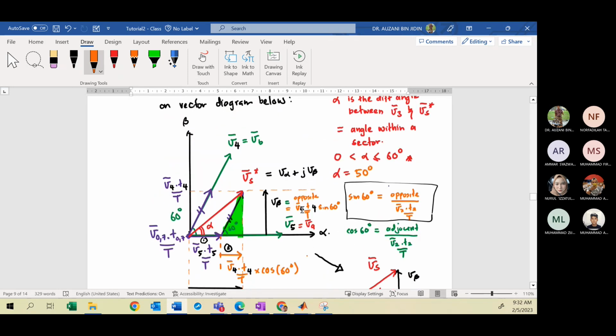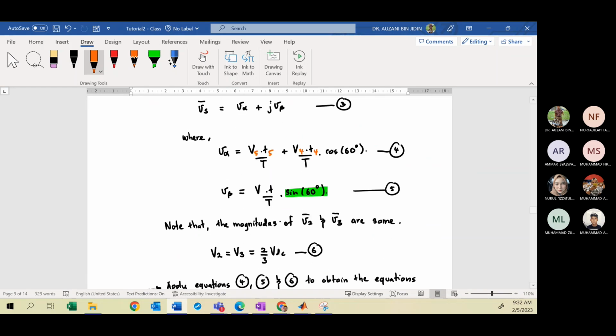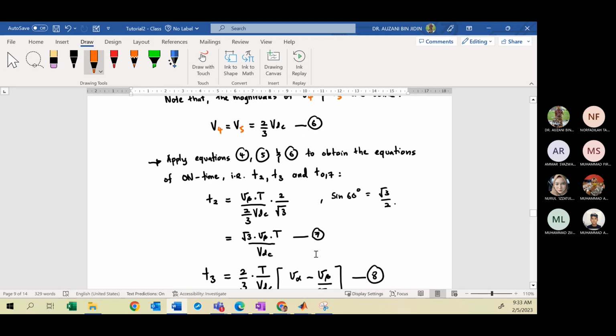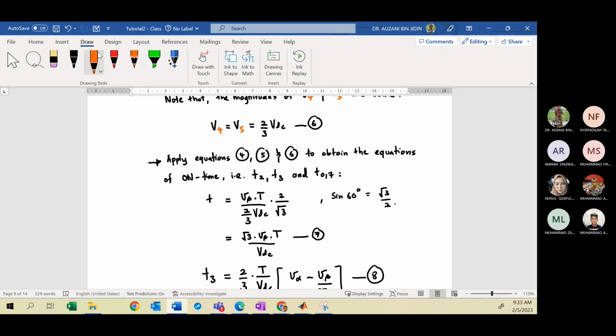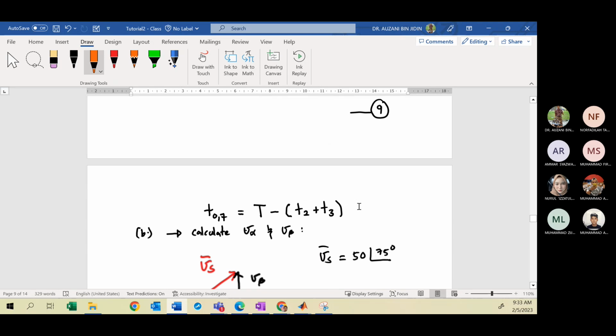For V beta is V4, T4 sine. So here is V4 and V5. So same goes to here. V4. V5. V5.